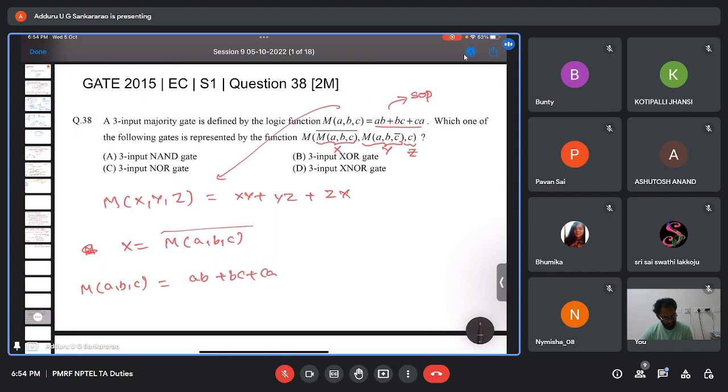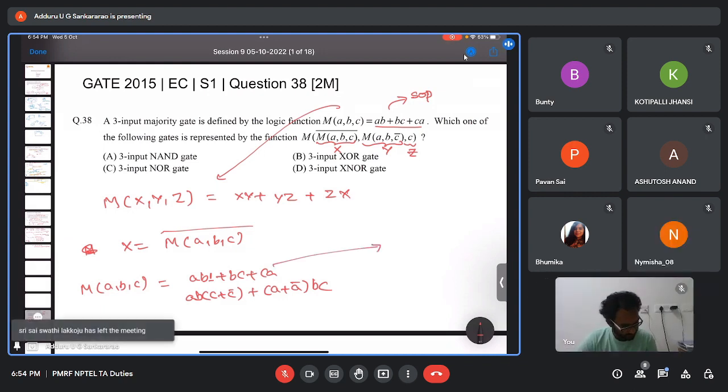In the first term, C is missing. So I'm multiplying this with 1, and without changing the function value, I can write C plus C bar. In the second term, A is missing, so I write A plus A bar similarly. The third one is CA, where B is missing.